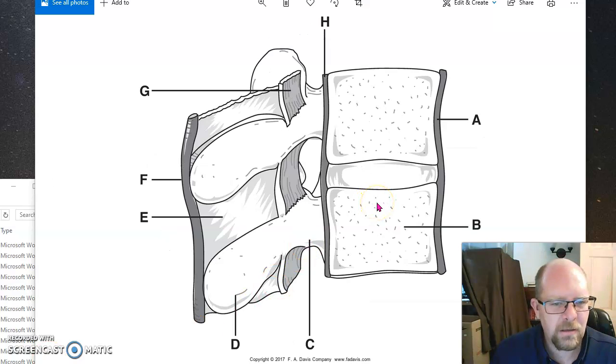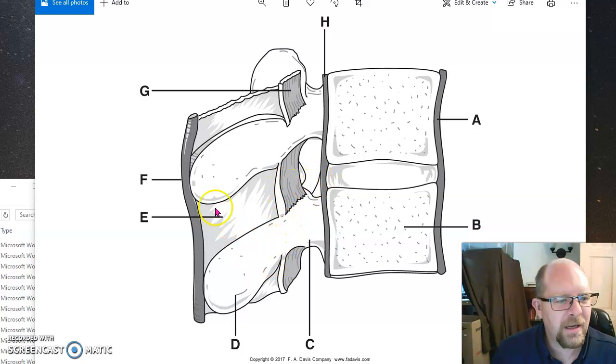So let's take a look at the ligaments here. A represents the anterior longitudinal ligament. B is the body of the vertebrae. H represents the posterior longitudinal ligament.